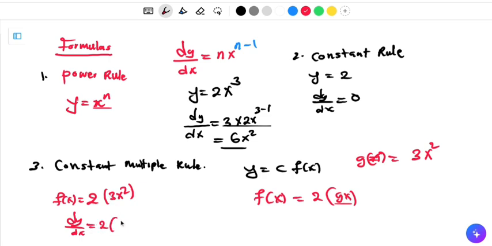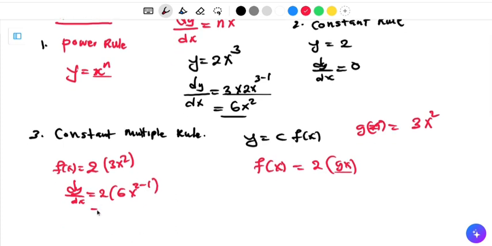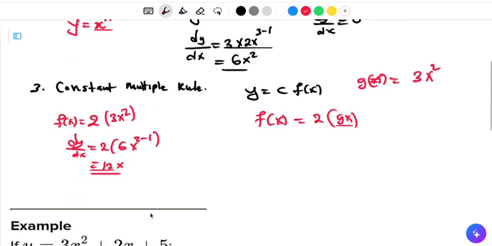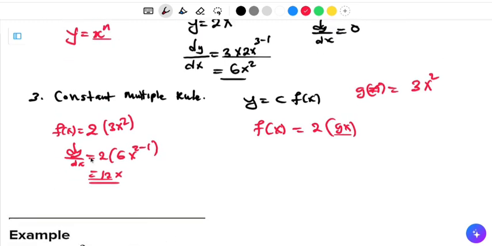Then what are we going to get? We're going to get 6, then 2 minus 1, which is just 1. Then when I multiply 2 by 6, I'm going to get 12x. So this is going to be our final answer. This one is called the constant multiple law.